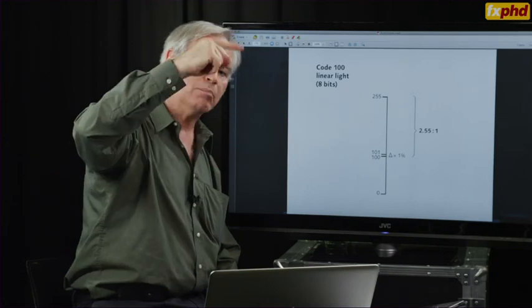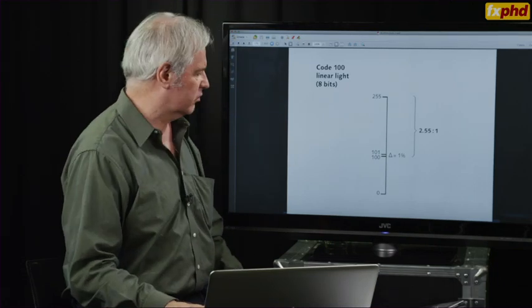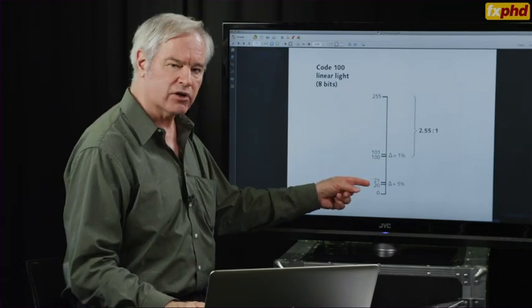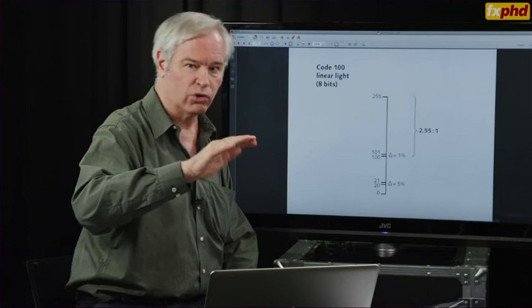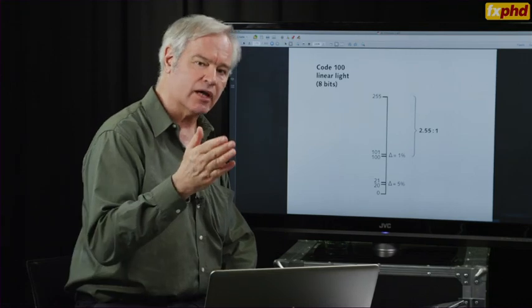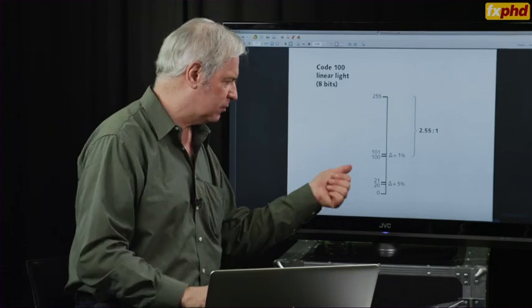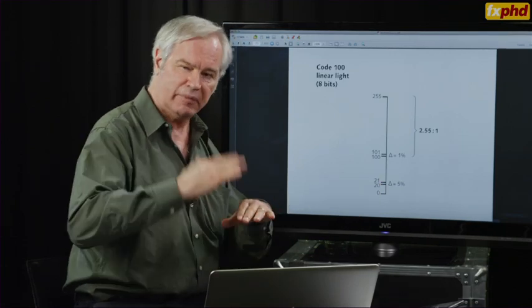Another is what happens above that. So let's first go to what happens below. At around code 20, the ratio to the next available code level 21 is 5%. That's way above our 1% rule of thumb number, and we think that we're at risk of having a visible step introduced whenever we make that jump.